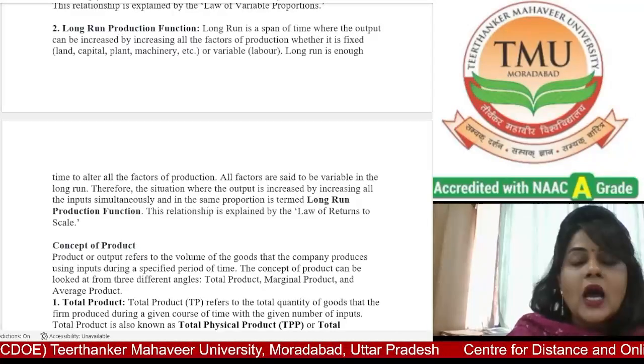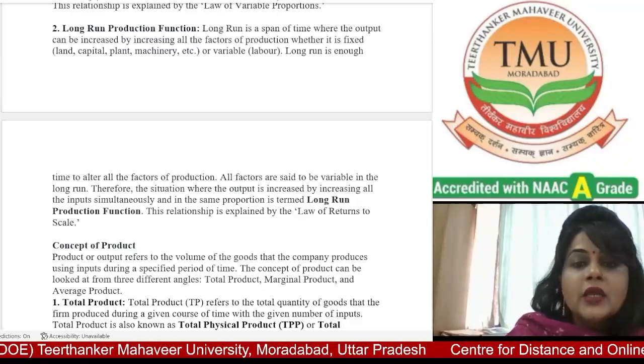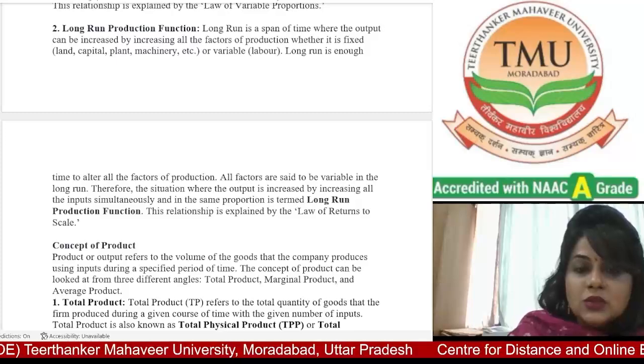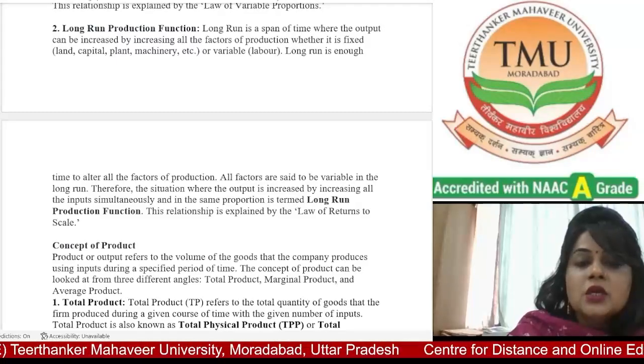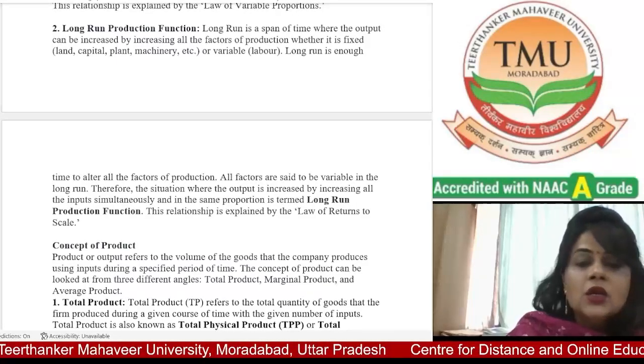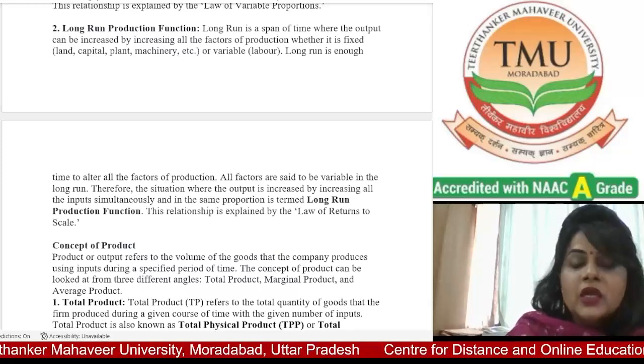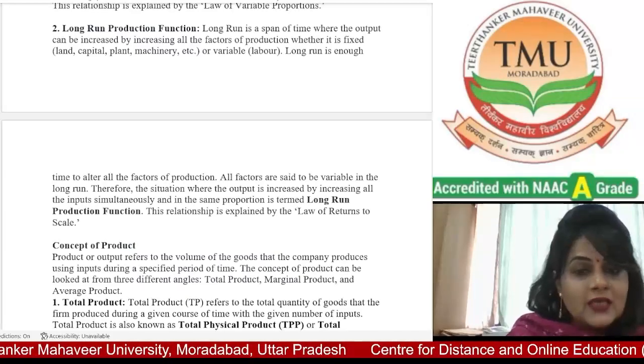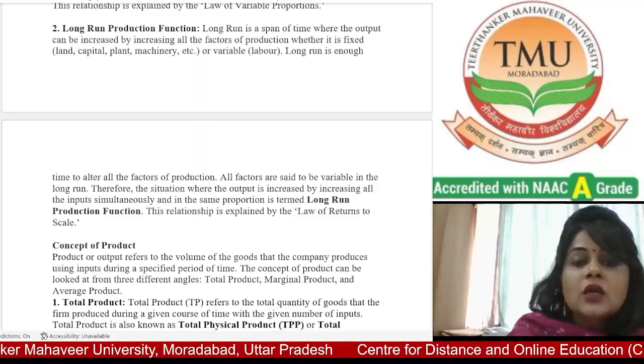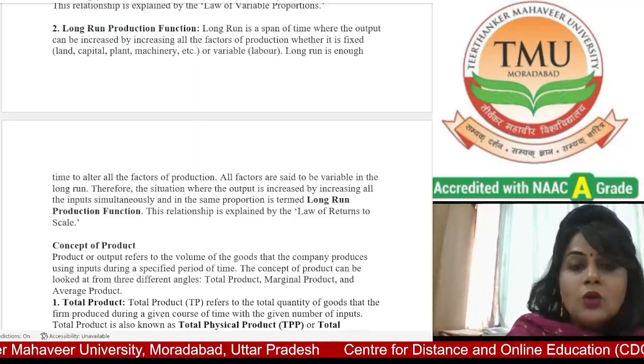The returns to scale are increasing when the increase in output is more than proportional to the increase in inputs. They are decreasing if the increase in output is less than proportional to the increase in inputs.